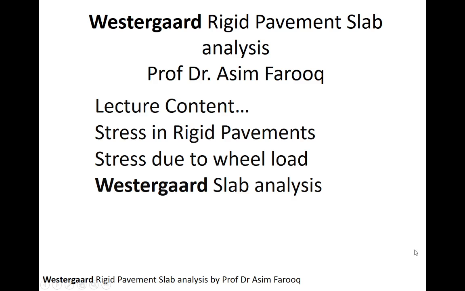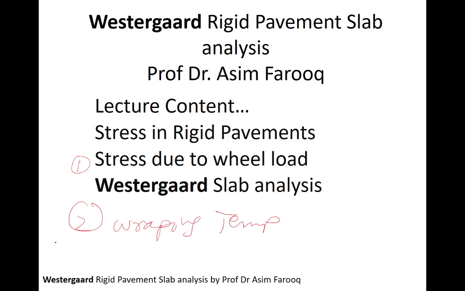Welcome everyone to the new lecture on stresses in rigid pavement. As maybe some of you already know, we have three basic types of stresses produced in rigid pavement. Number one, stresses due to wheel load. The second is because of temperature, while the third is stresses induced due to moisture variation.